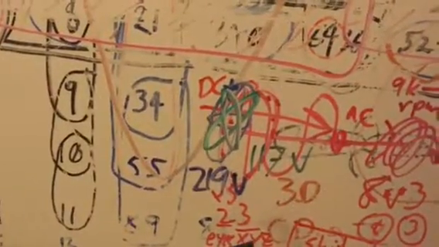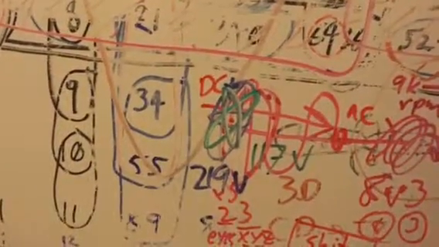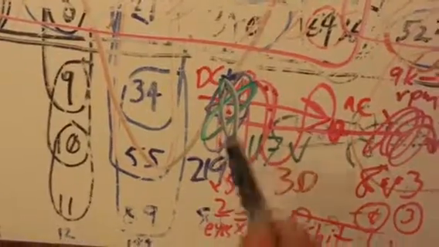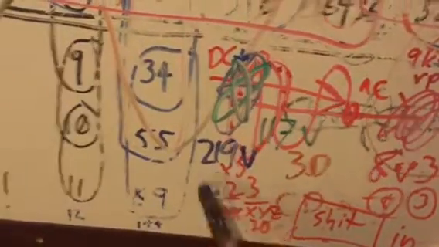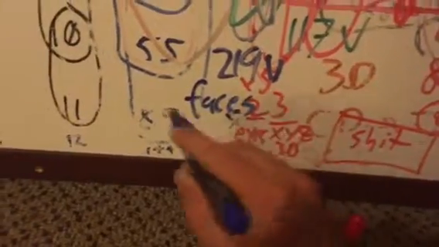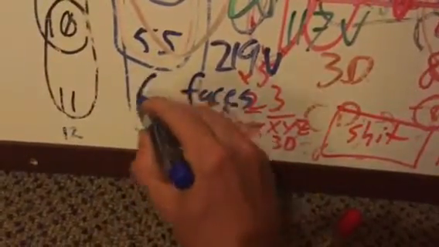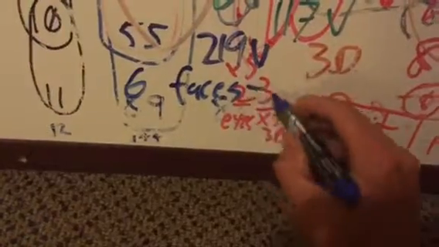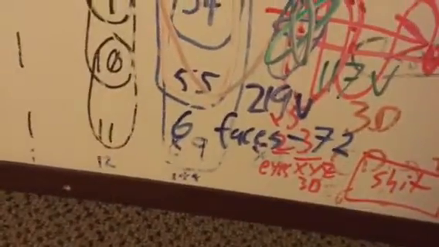So you're going to be getting 6 times 12, which is 72, 219 volt circuits off the faces. So you have 6 faces, and you're going to get 72. Right backwards to 27 club.